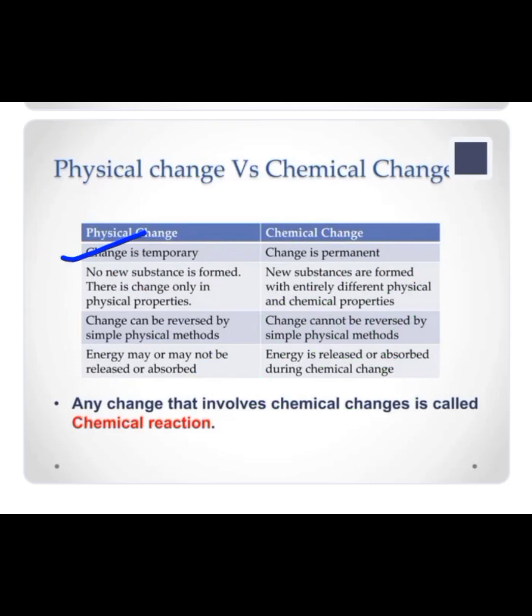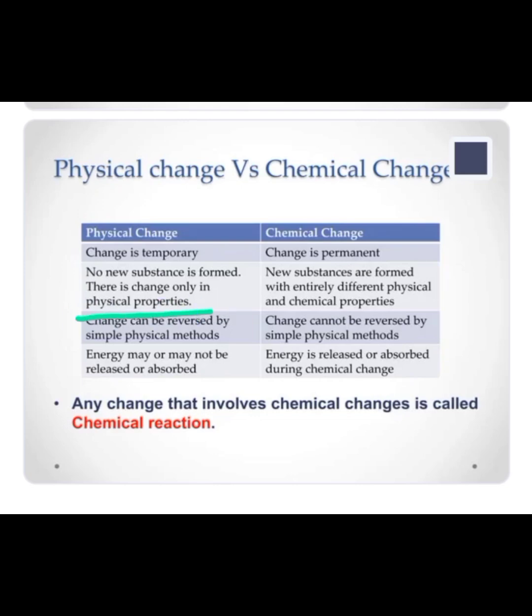Point number 1 is this change is temporary. Second, no new substance is formed. There is a change only in physical properties. Physical properties are related to the physical state, color, shape, size. So there is a change in the physical state here. So no new substance is formed, that is interconvertible, and there is change only in the physical properties.